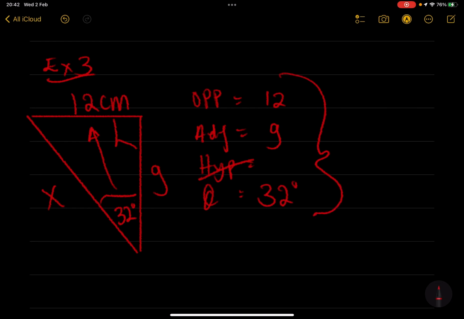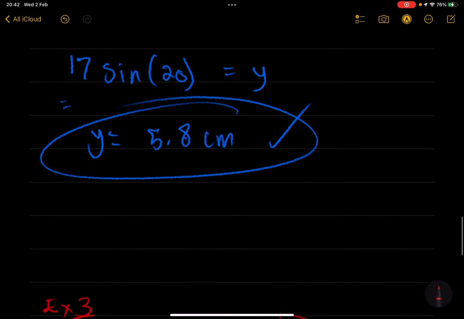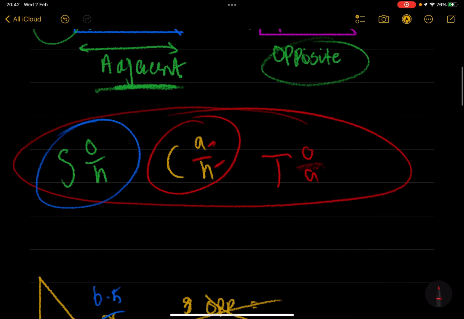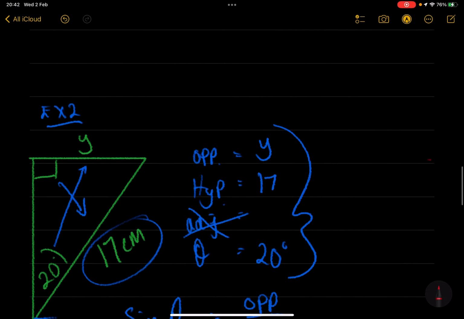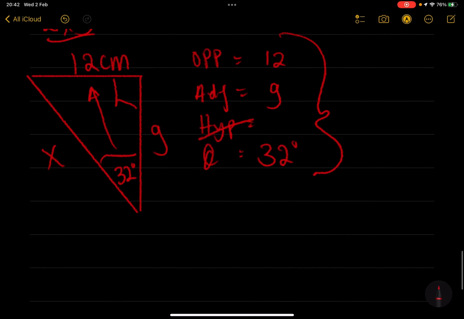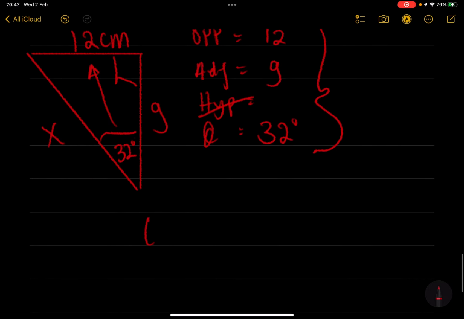So this one, opposite and adjacent, is going to be your TOA. So this is tan equals the opposite divided by the adjacent. So we should be saying tan of your angle equals the adjacent divided by the hypotenuse.